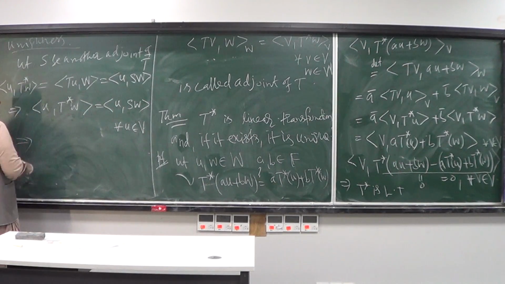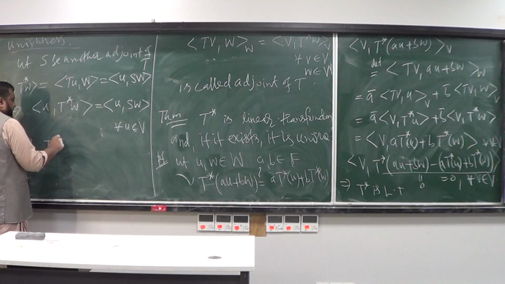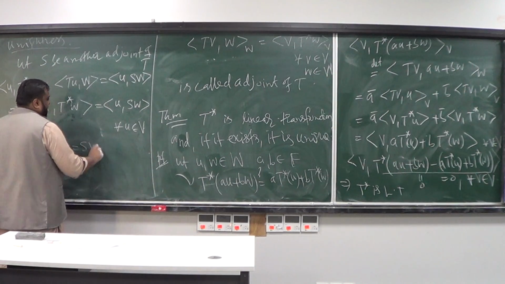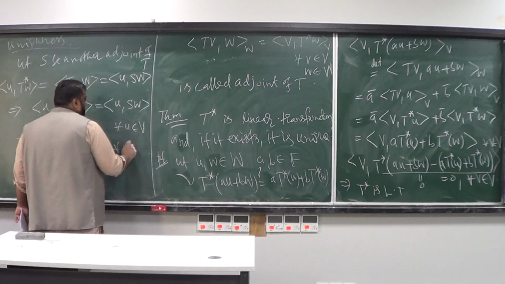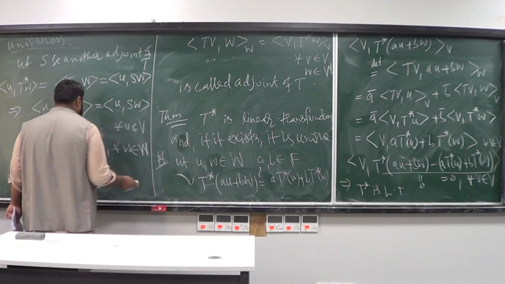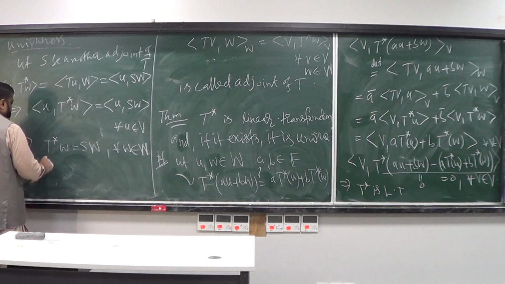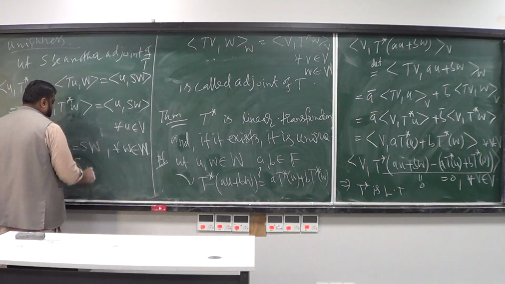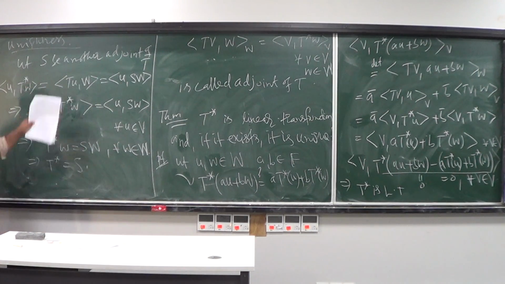So this shows that T star of W is equal to SW for all W in W, and hence T star is equal to S. So this shows that the adjoint must be unique. If there is an adjoint of a linear transformation, that adjoint must be unique.